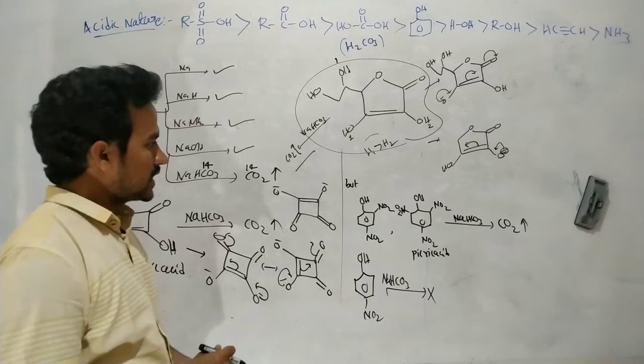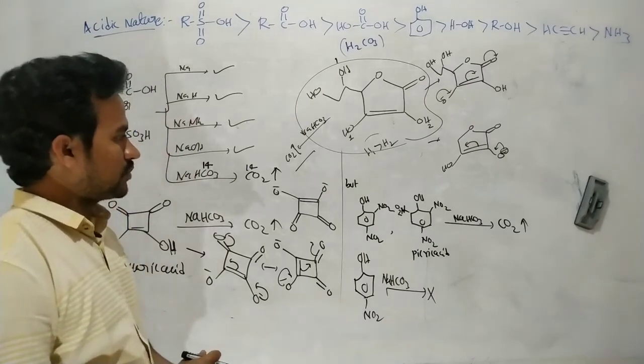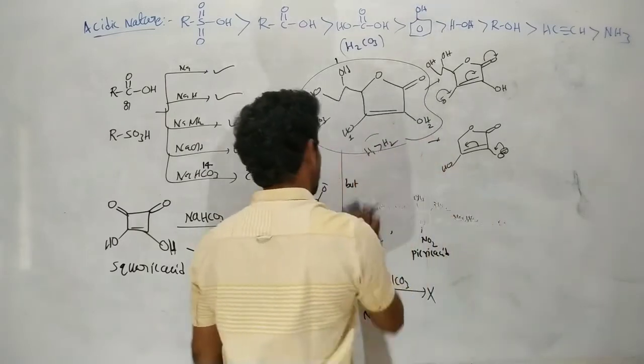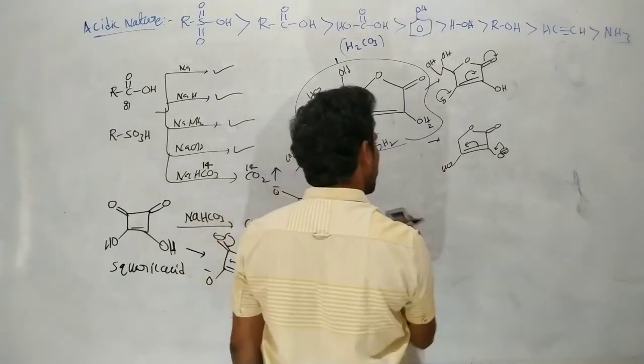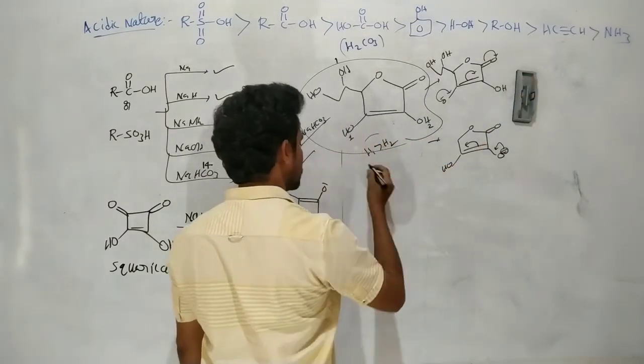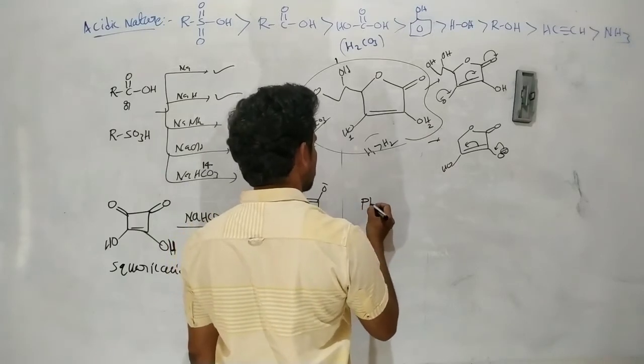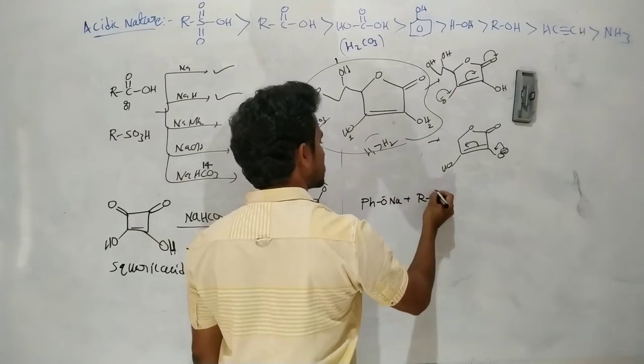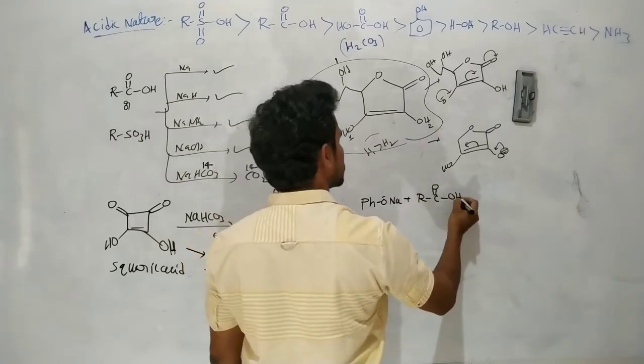Okay, so here the one more important point is, suppose I am taking like this: PhO minus Na plus, and here this RC double bond OH.